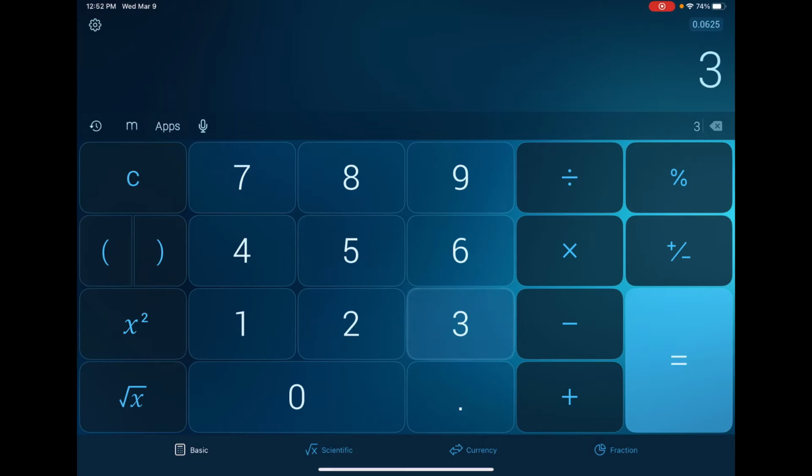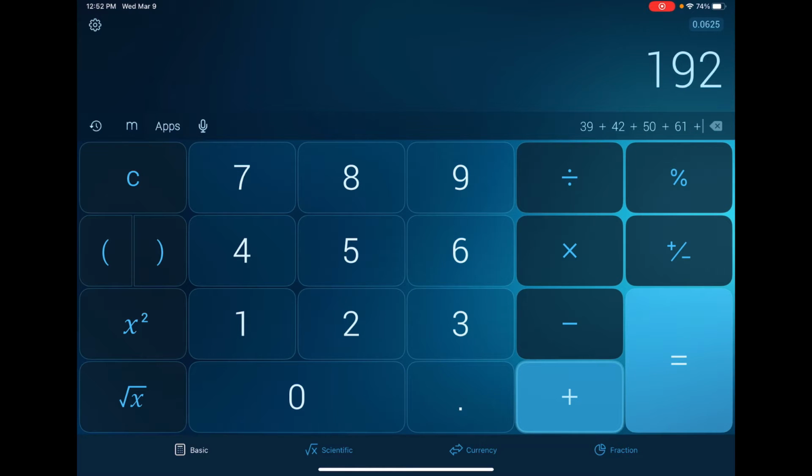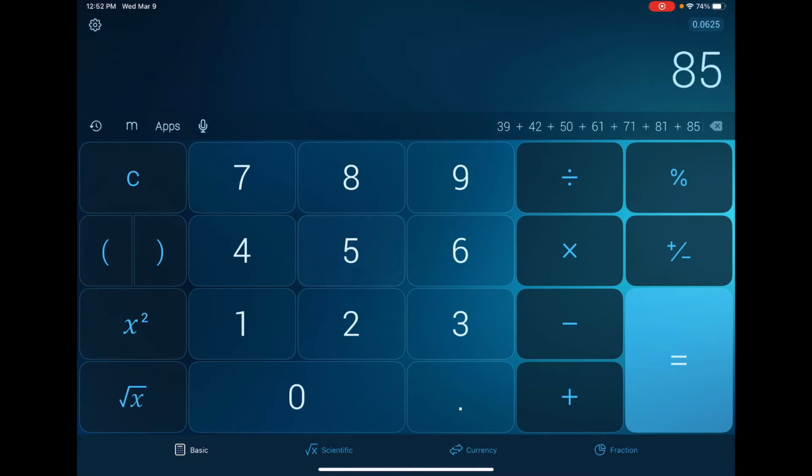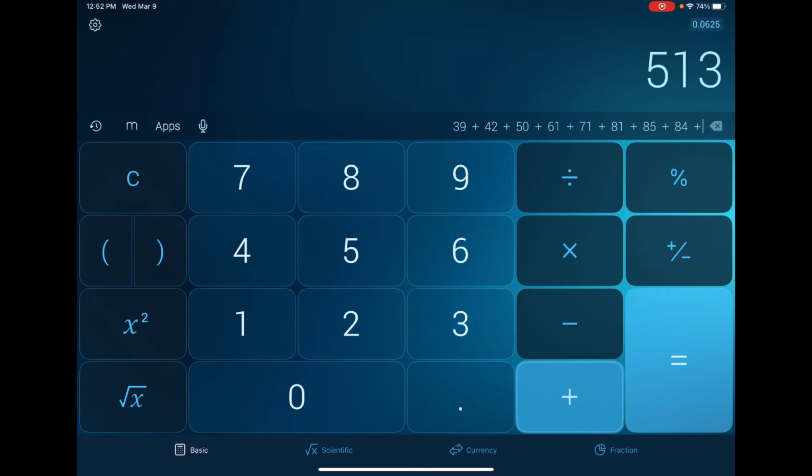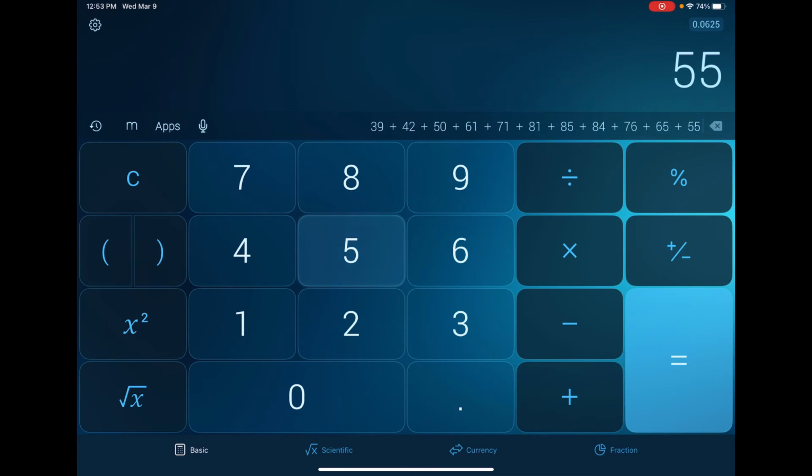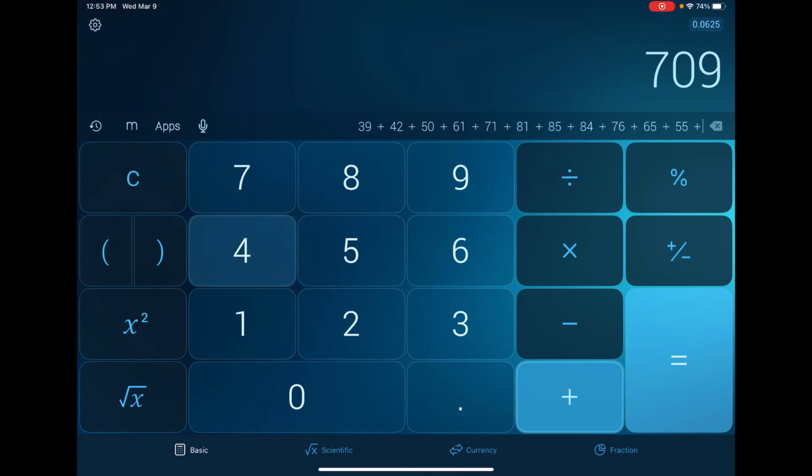So we had 39 plus 42 plus 50 plus 61 plus 71 plus 81 plus 85 plus 84 plus 76 plus 65 plus 55 and plus 47.